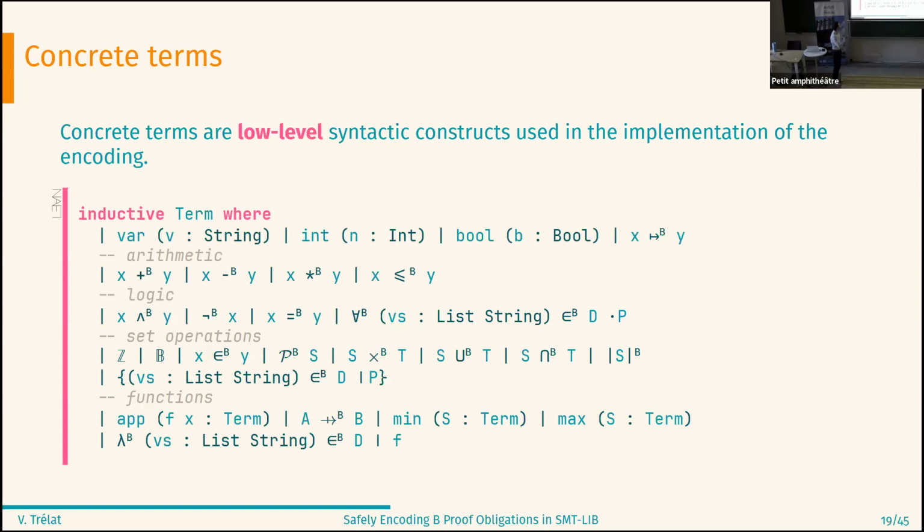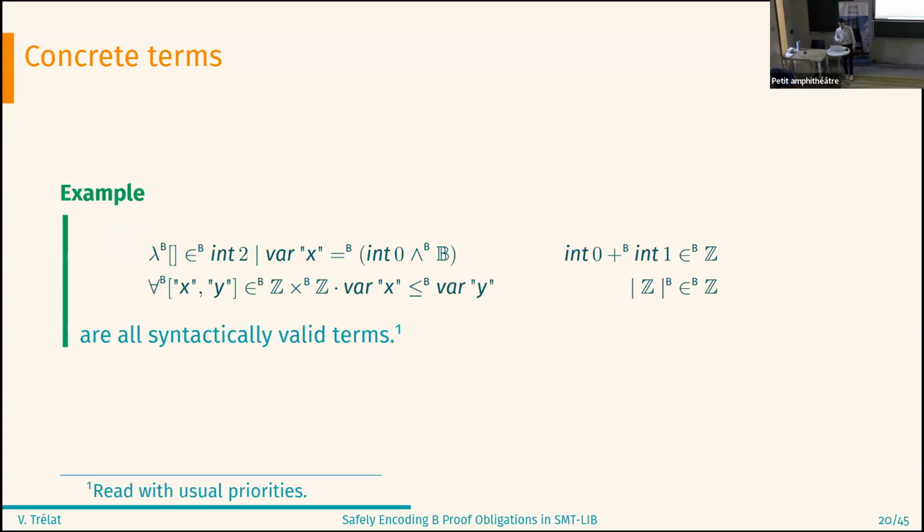All right, and this is a deep embedding of the language, and I represent variables with strings. As an example, those four terms are all syntactically valid. They can actually be constructed. Even this one: lambda nothing in int2, such that var x is equal to 0, and set of booleans. It's syntactically valid.